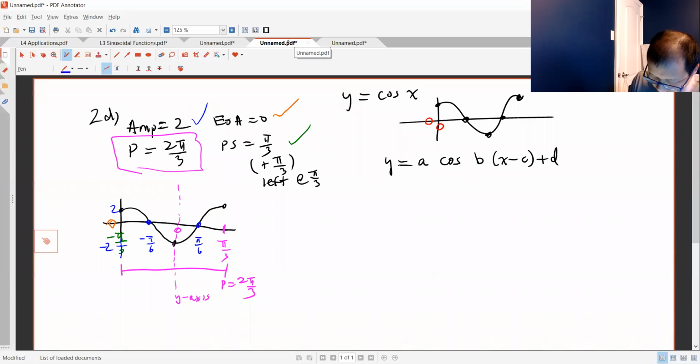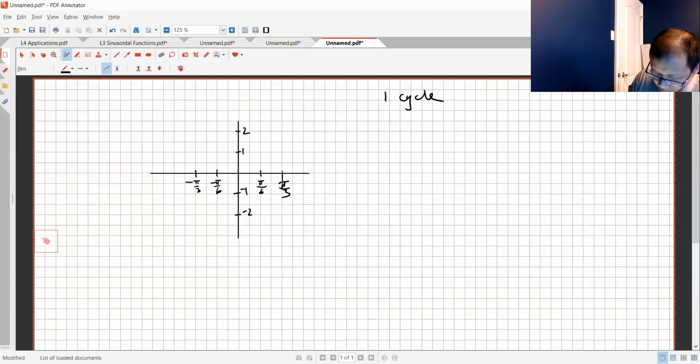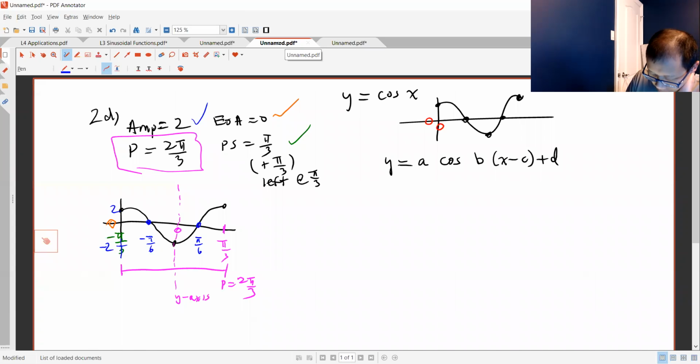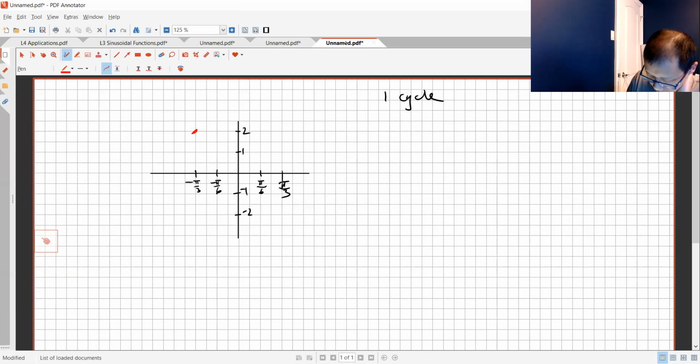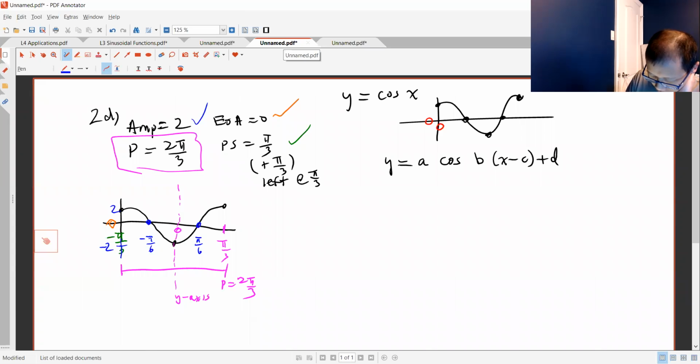So going back to our sketch, our first point is at 2 at negative pi over 3. Our next one is negative pi over 6 and 0. And our third point is 0 and negative 2.